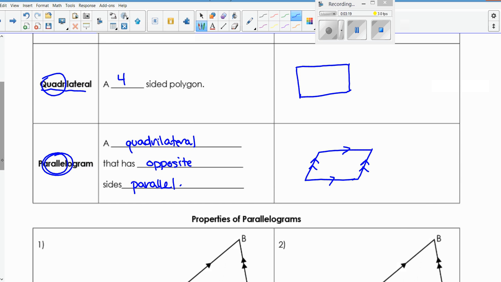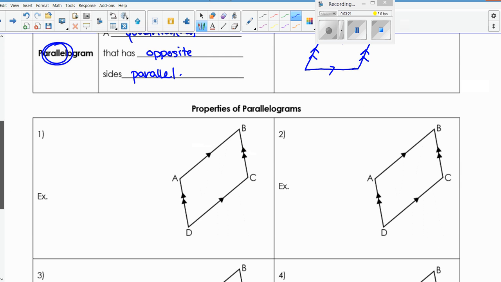Okay? So, one of the properties is that opposite sides are congruent. So if you have a parallelogram, then the opposite sides are congruent.